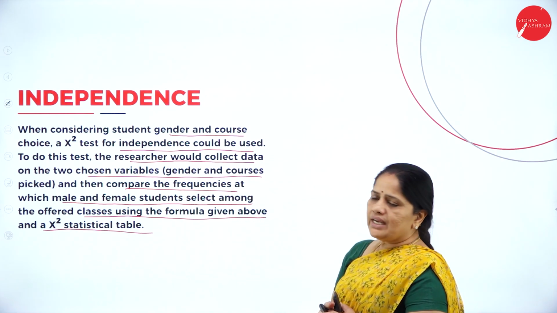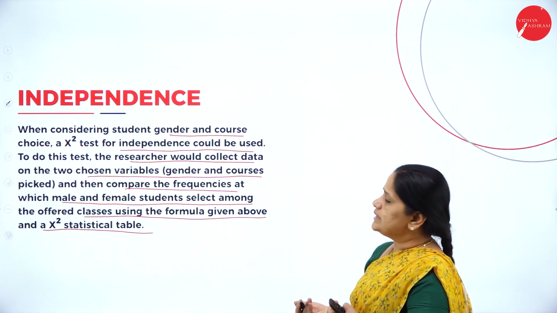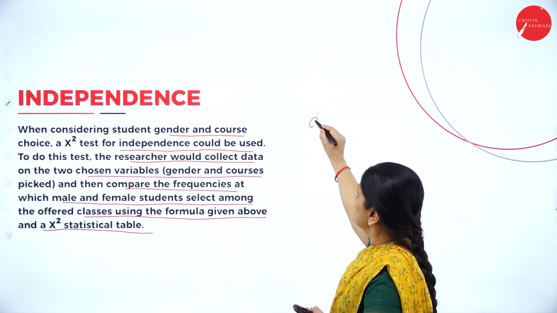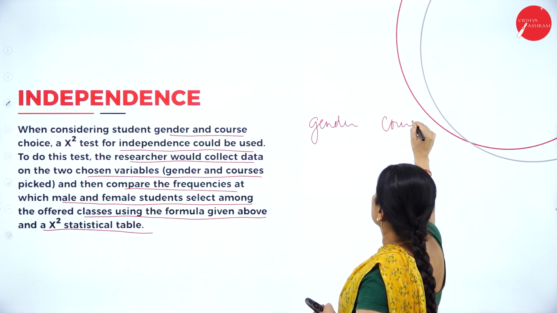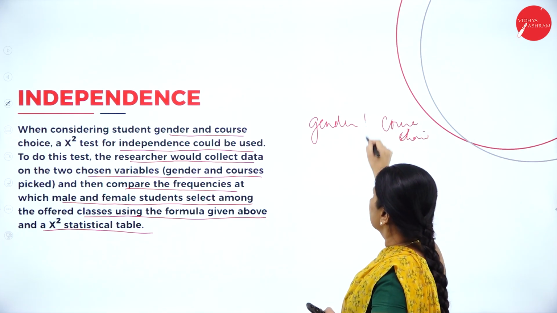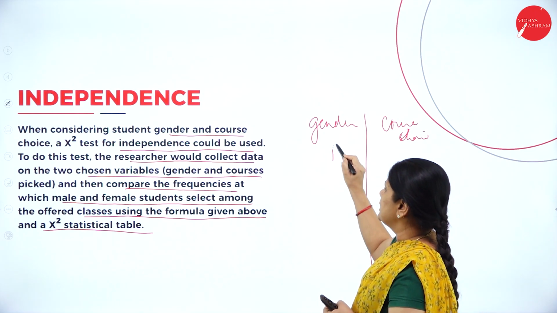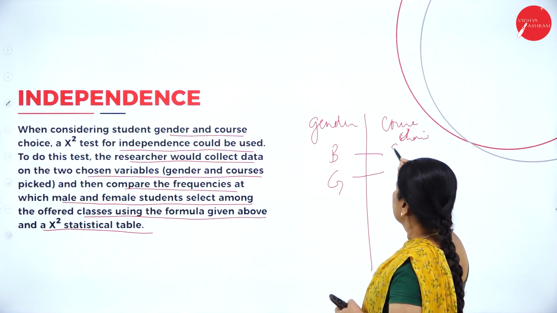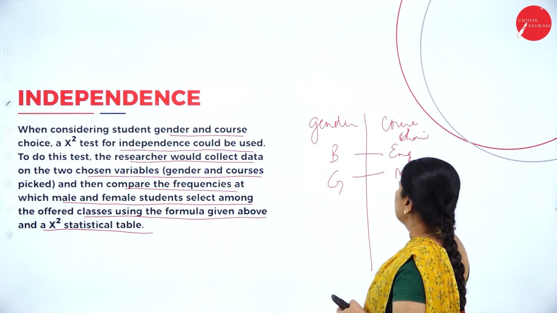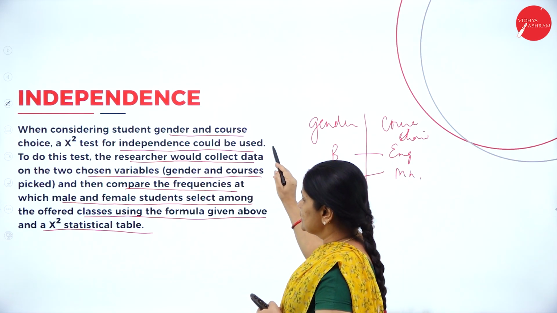The same example is repeated here. We have to consider the gender of the student and the course choice, so you will be having a comparison. When you have data relating to the gender, whether it is a boy or a girl, and the course choice, whether it is engineering or MBBS, a chi-square test of independence could be used.